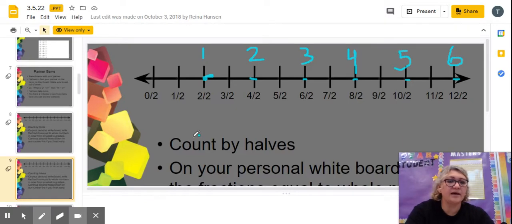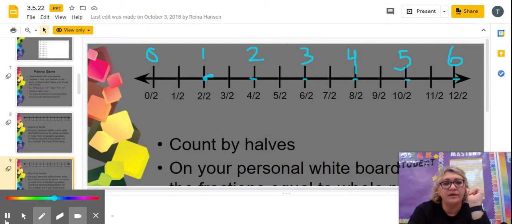All right, if you notice, the even numbers are what make the whole numbers. So 3 halves is not equal to a whole because 3 is odd and 2 is an even number. But 2 halves is equal to 1, 4 halves is equal to 2, and so on and so forth. And that's always going to be true with halves.